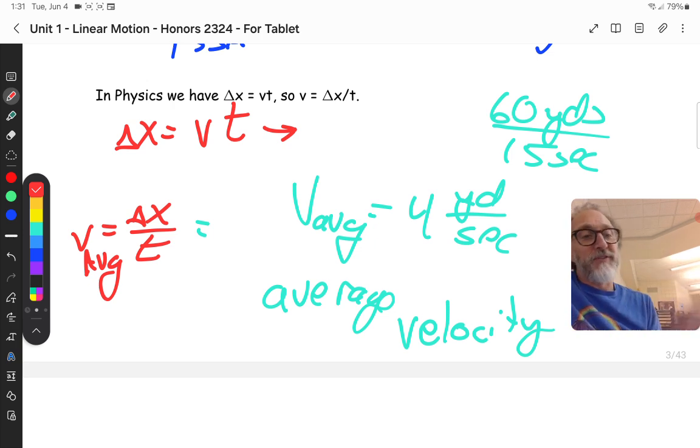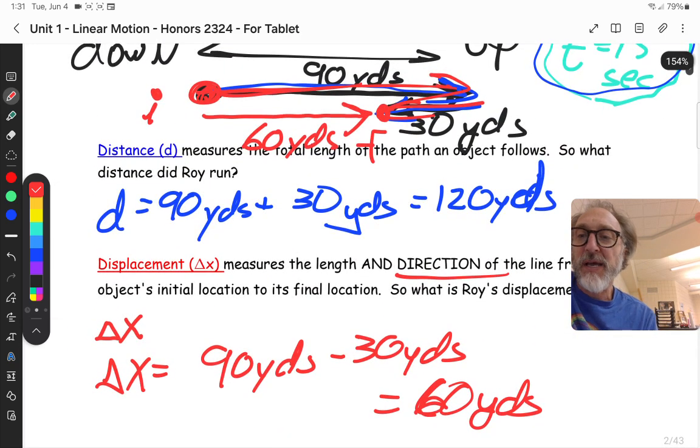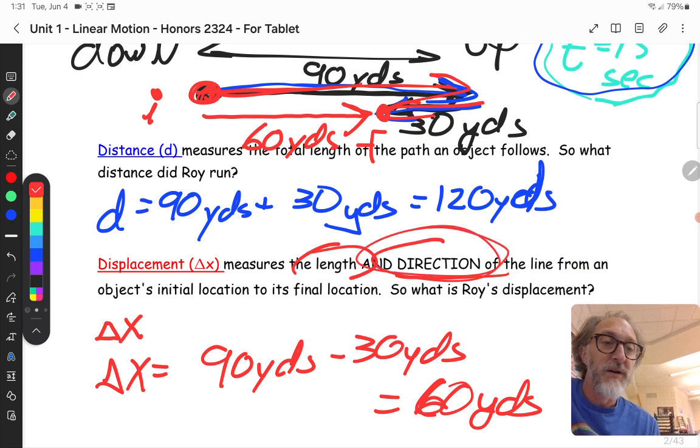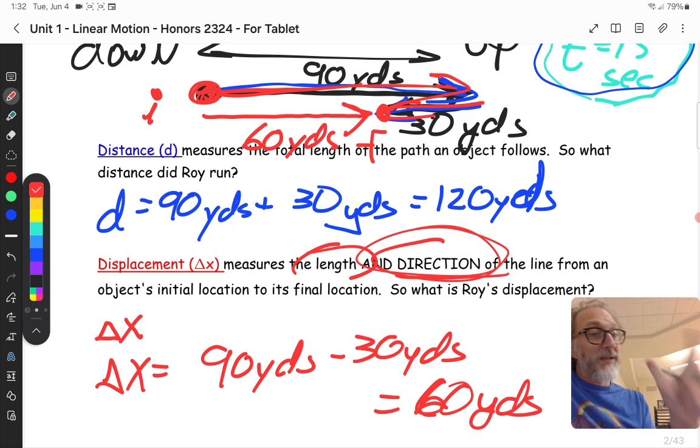This means that he averaged 4 yards up the field every second, okay? So now we have to go back and dig into this whole positives and negatives thing, the whole direction thing, right? So a minute ago, I commented that distance was the length and direction of the line from an object's initial location to its final location. So how do we deal with direction? Okay, this is a really, really important concept in physics, all right?